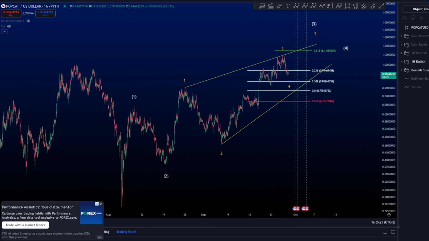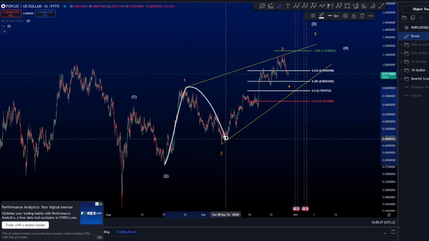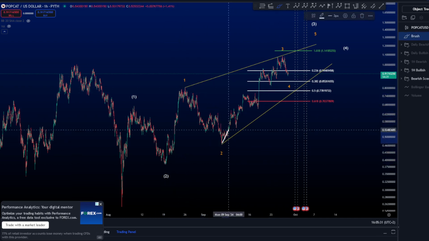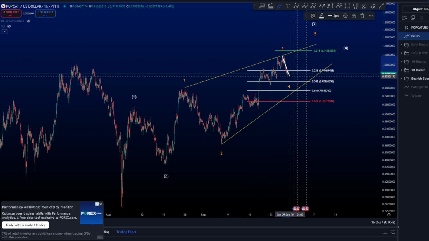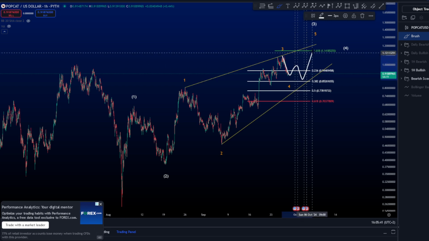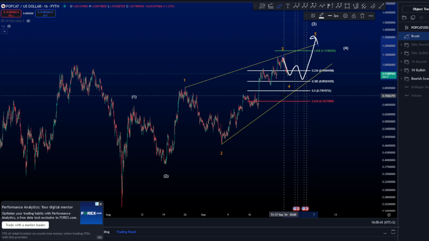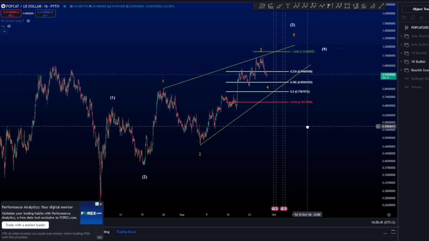Now in your orange scenario, after a 1, 2 formation, this is your wave 3 going impulsively as well, 1, 2, 3, 4, 5, which is perfect. You want to see now 3 waves towards the downside for a wave 4, and then continue towards the upside for the wave 5.